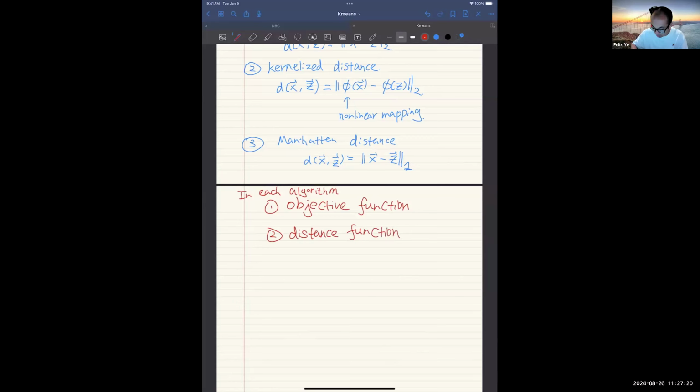We have talked about distance functions already, but obviously different algorithms work with different types of objective functions. Then we also need to design an algorithm to minimize the objective functions.